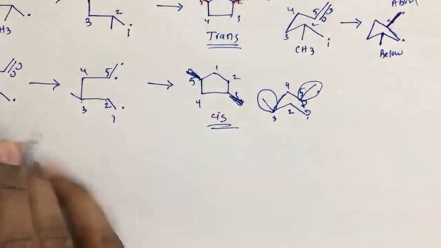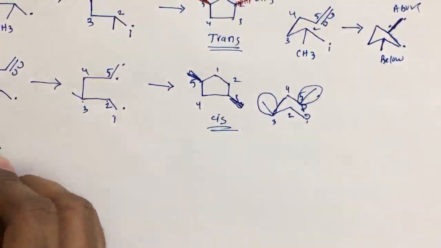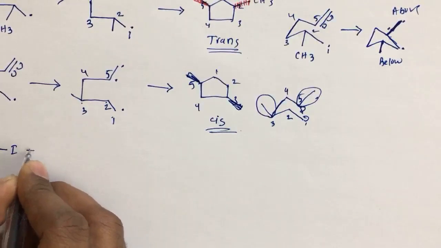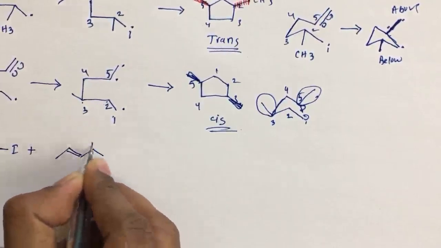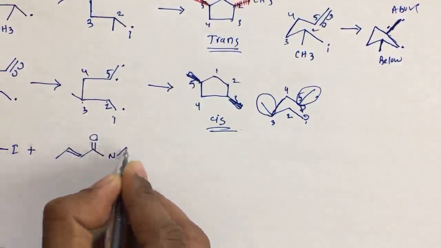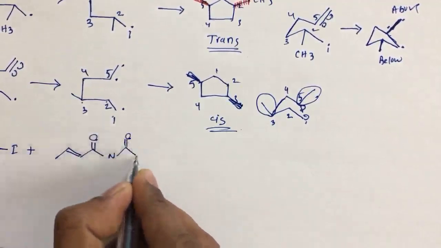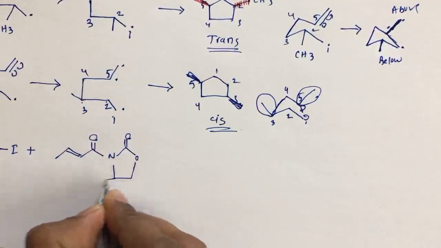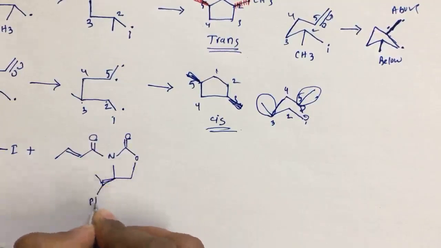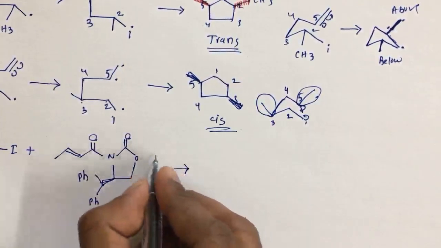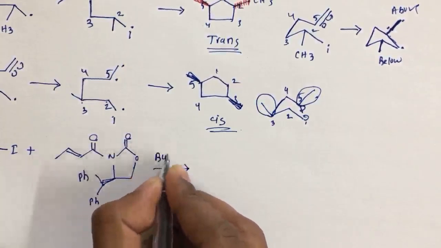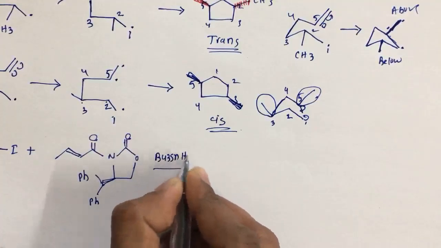And next example, here we have iodine plus PhNC, and here we are treating with n-butyl stannous hydride.